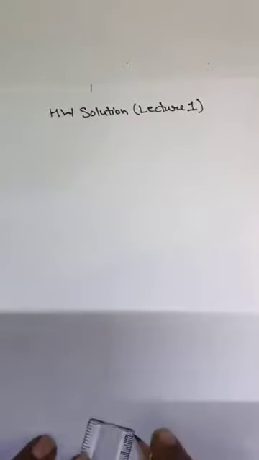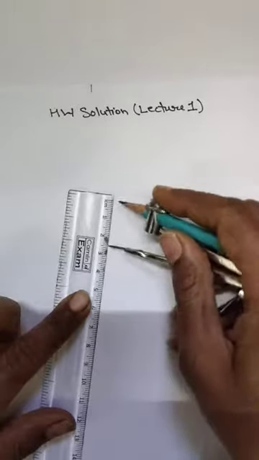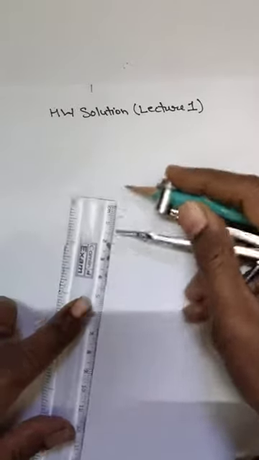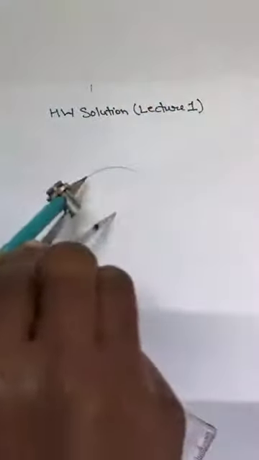You have to draw two circles, and the center will remain the same. One is of 2.5 centimeter. So you have to open your compass 2.5 centimeter, and then draw one circle.